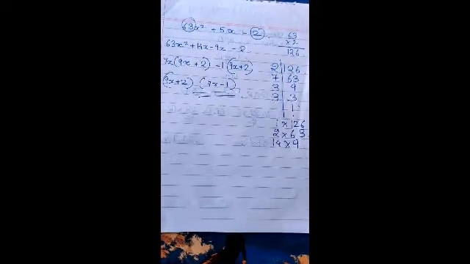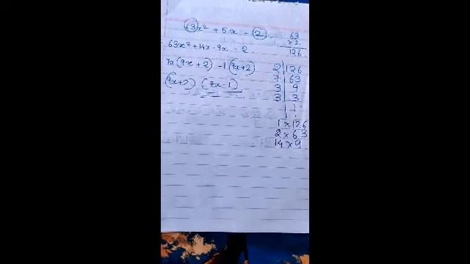The two terms that we split this 5x into should be such that the product is 126x square, and either the subtraction or addition gives us 5x as our answer.